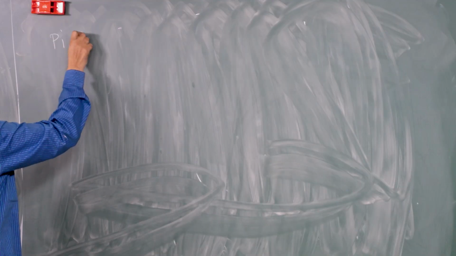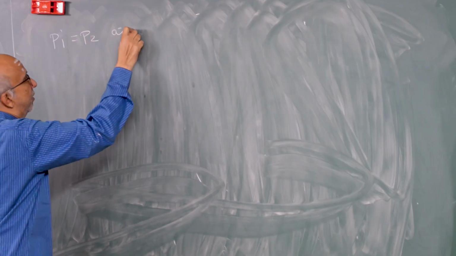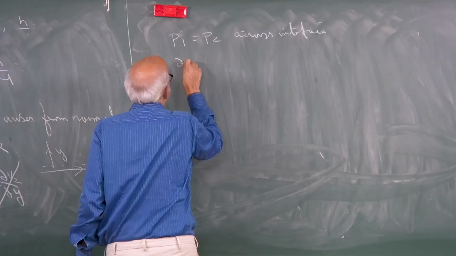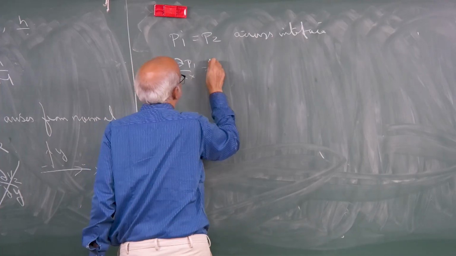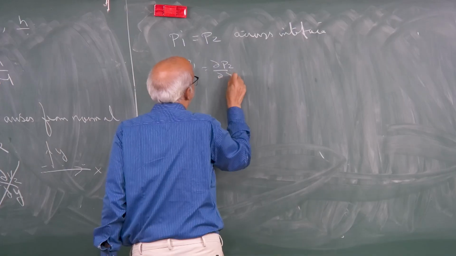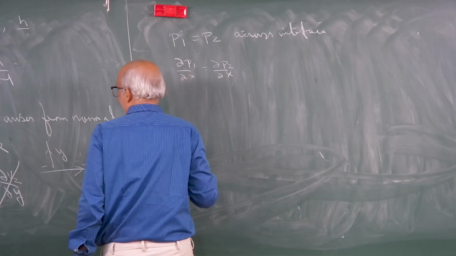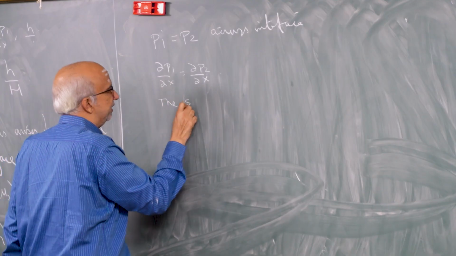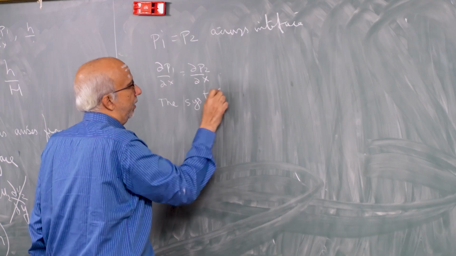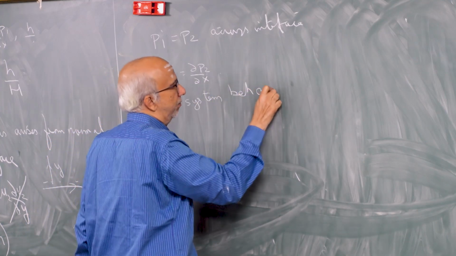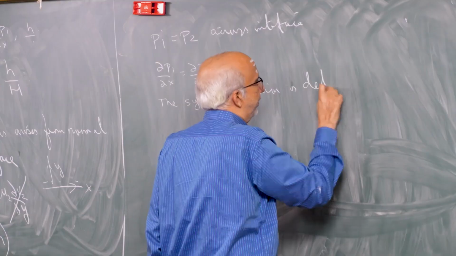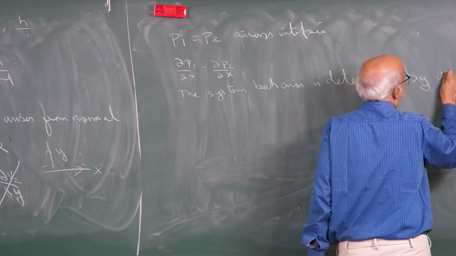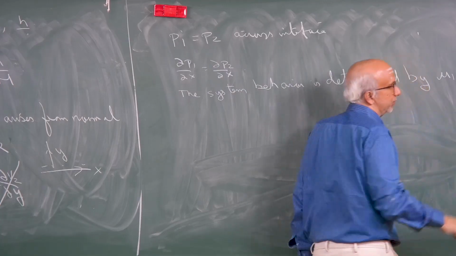The key points I want to summarize are: pressure P1 equals P2 across the interface, and therefore dP1 by dx equals dP2 by dx. And the system behavior is determined by mu1 and mu2, the viscosities.